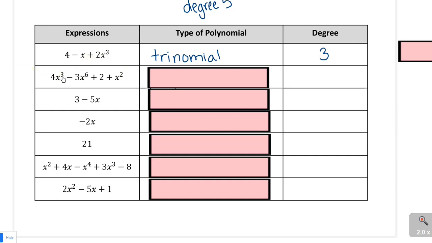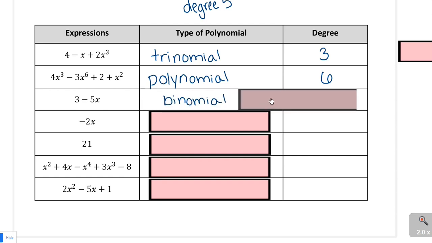The next one, we have 4 terms. The 4 terms make a polynomial, and the degree is going to be the largest exponent, which is 6. The next one, we have 2 terms, so it's a binomial. The highest exponent would be 1, so our degree is 1.